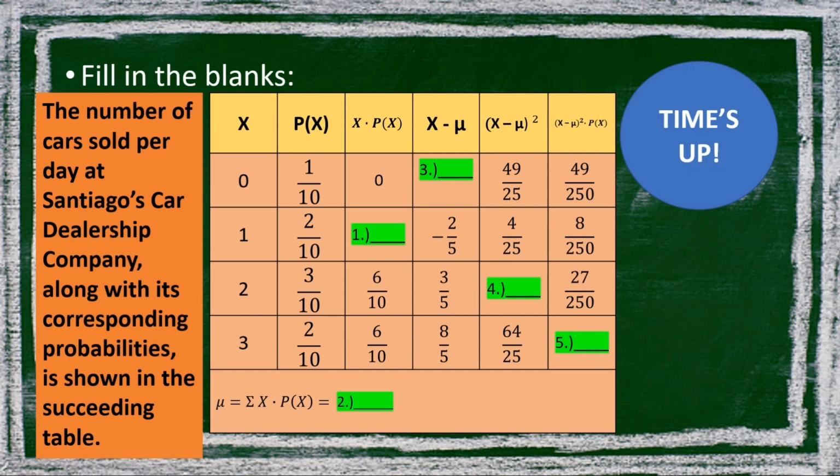Time's up. The answer is 2 over 10. Fill in the blanks number 2. Time's up. The answer is 7 over 5. Fill in the blanks number 3. Time's up.